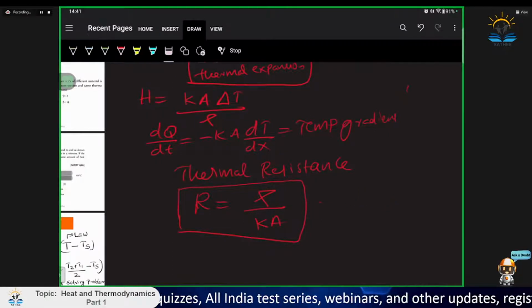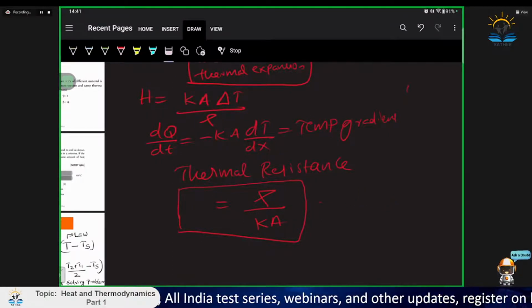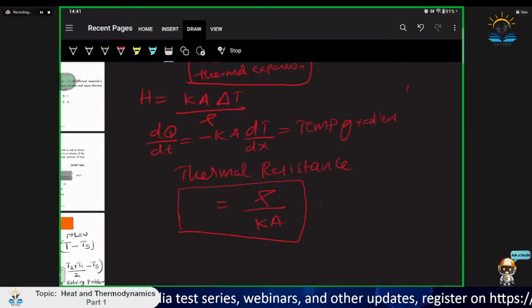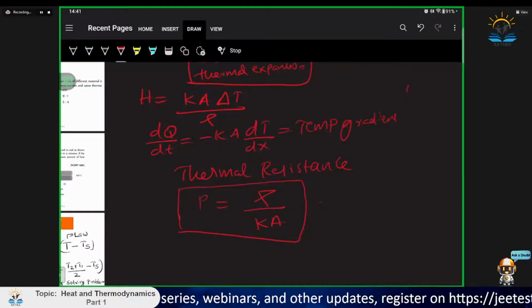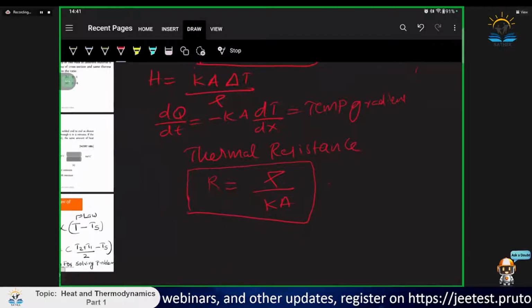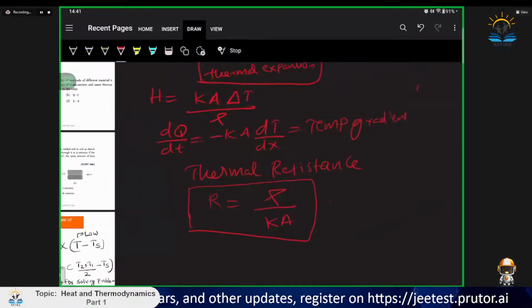So thermal resistance R is equal to L by K A, which we should know.